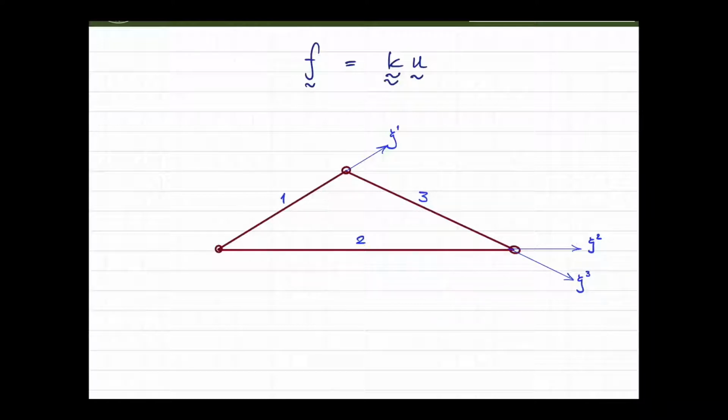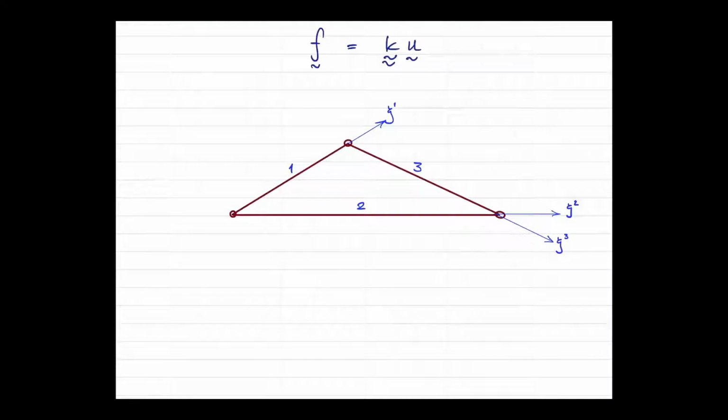So we need a universal system, so that the equilibrium equation we cast at the nodal point talks in the same basis, let's say the same language. Then we put in some system. So we introduce the global coordinate system.